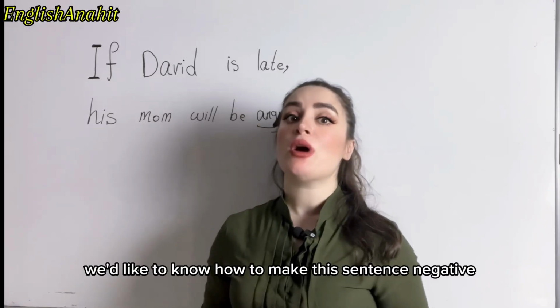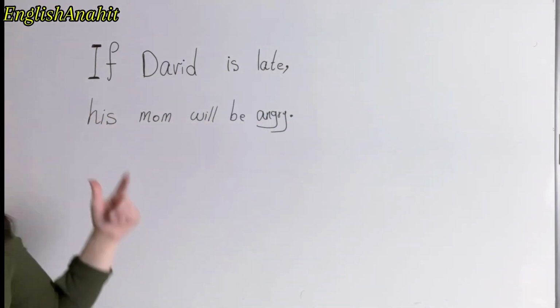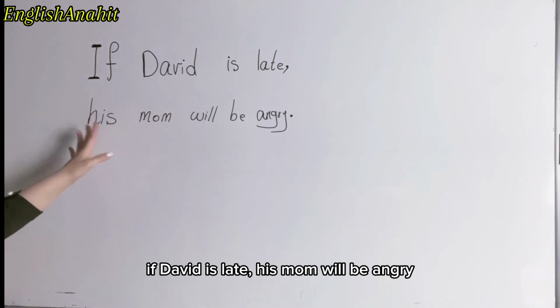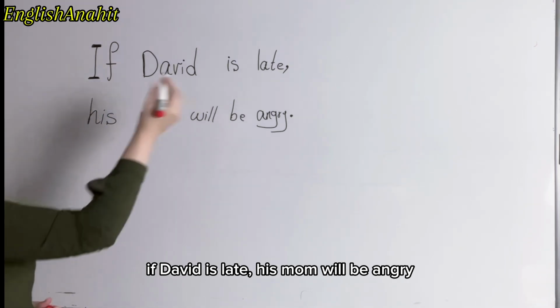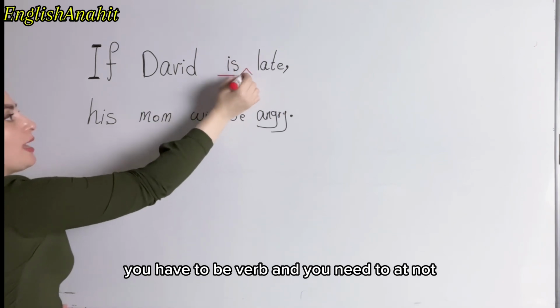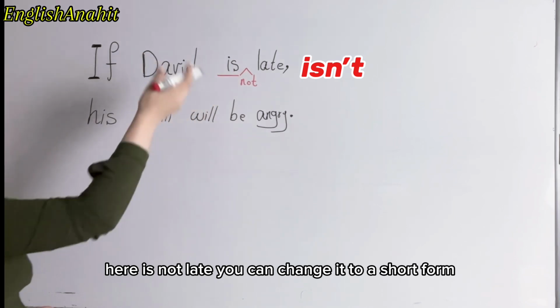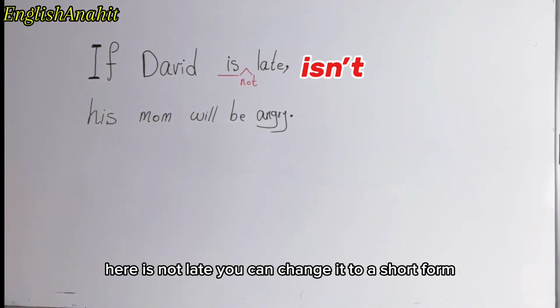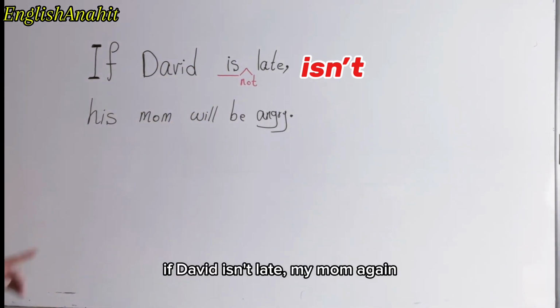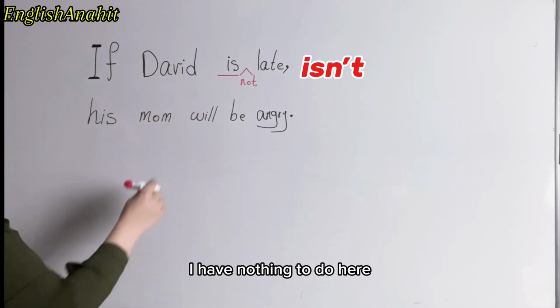Now we'd like to know how to make this sentence negative. If David is late, his mom will be angry. You have a to be verb and you need to add not here, is not late. You can change it to a short form. If David isn't late, my mom, again, I have nothing to do here.